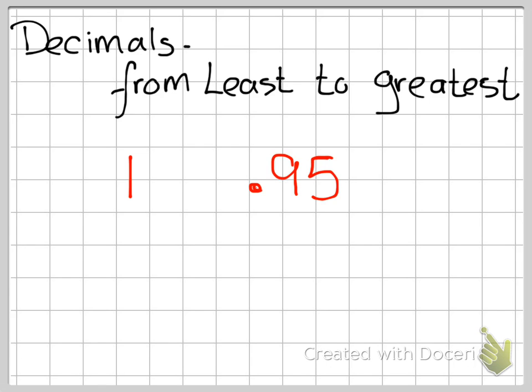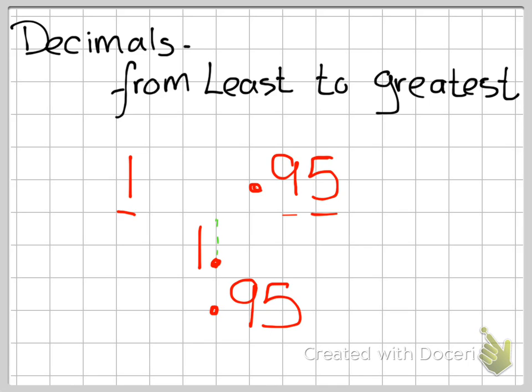Now, a lot of people look and they see 95 and they think that's got to be more than 1. But the trick is that you need to line up the decimal places. Right? If we write $1 with its decimal place, remember the decimal goes after the whole number place, or after the ones place, and we write the 95 with its decimal place, and we line the decimals up. Now this is super important.